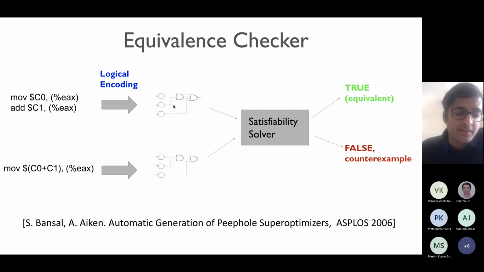And then you can give it to an off-the-shelf satisfiability solver, which was available at that time and has significantly improved over the years. Today we have much more sophisticated satisfiability solvers than in 2006. The solver returns either true, which would mean that the programs are equivalent, or false, which would mean there is a counterexample. Okay, so this is what the previous work does.